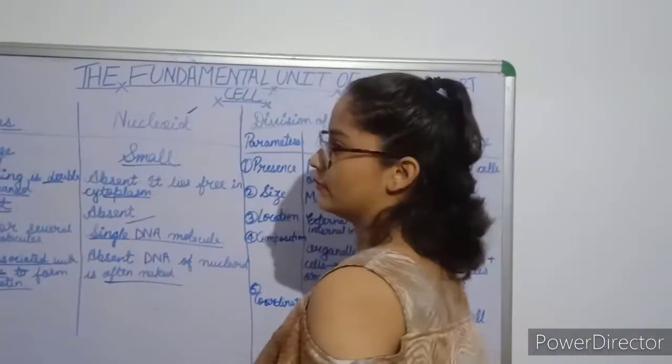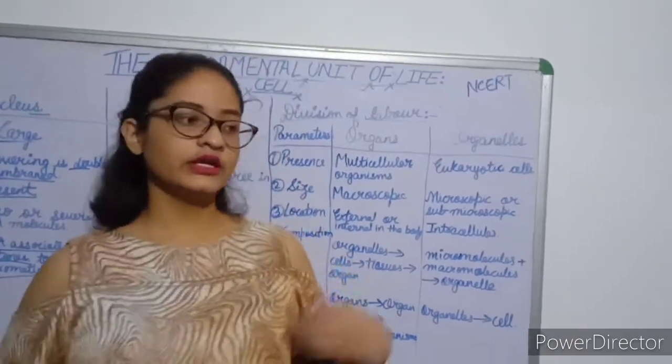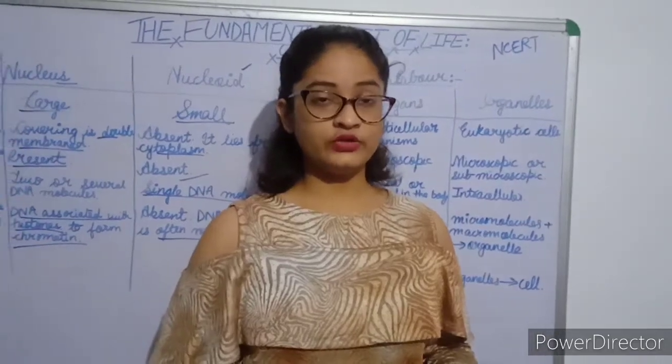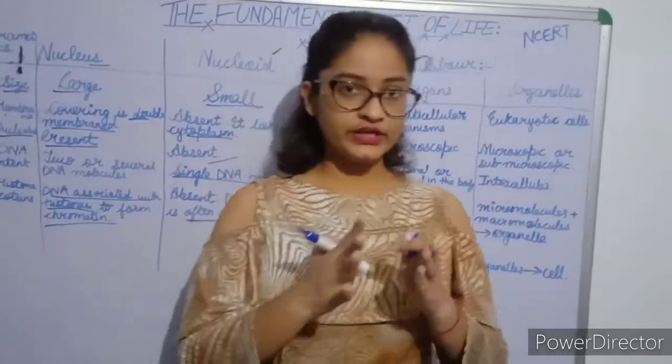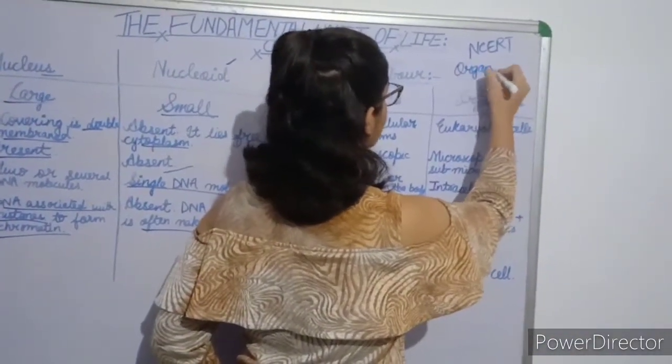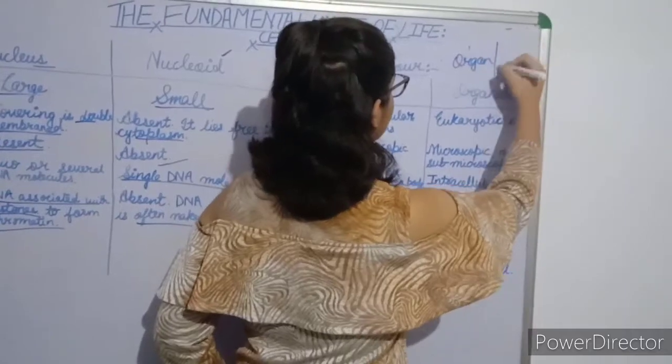Now, division of labor. Division of labor in humans and in the functional and fundamental unit of life, the cell. If we divide it in 2 parts, the organ and the organelle.